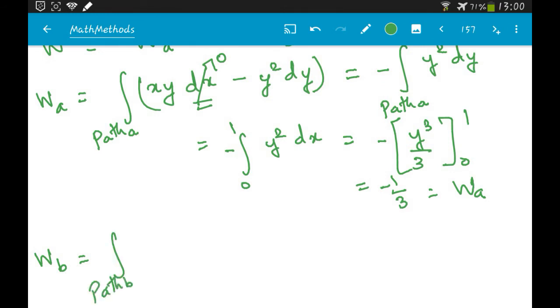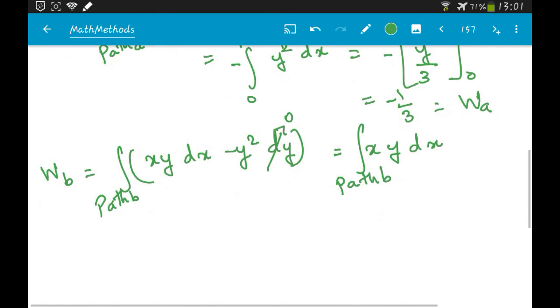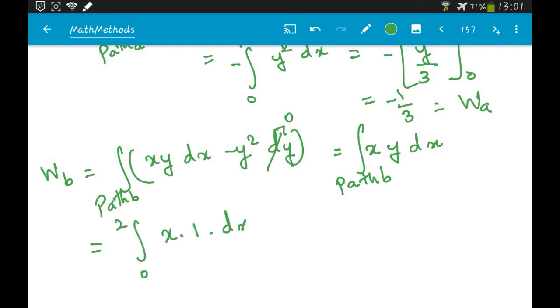Alright. So we can now do this. For path B, xy dx minus y square dy. So y stays constant, so dy is 0. So you are going to get xy dx for path B. So what is y in path B? Y is constant at 1. So you are going to get, and x goes from 0 to 2. So 0 to 2 x into 1 into dx. So you are going to get x square by 2 from 0 to 2.